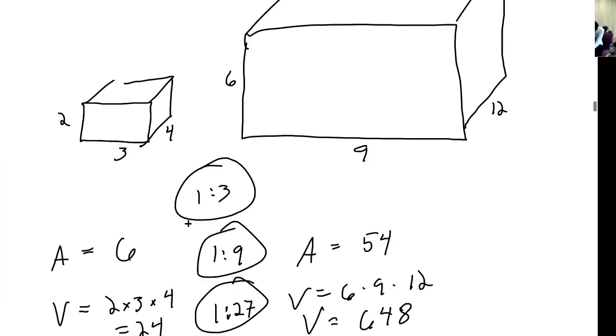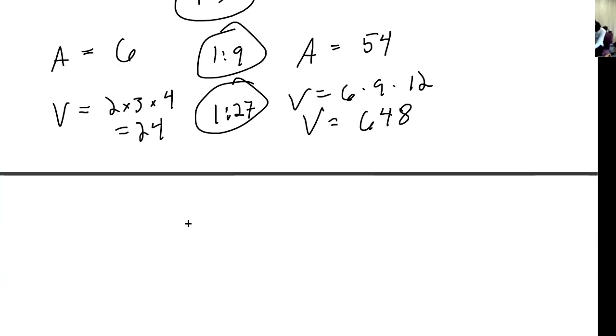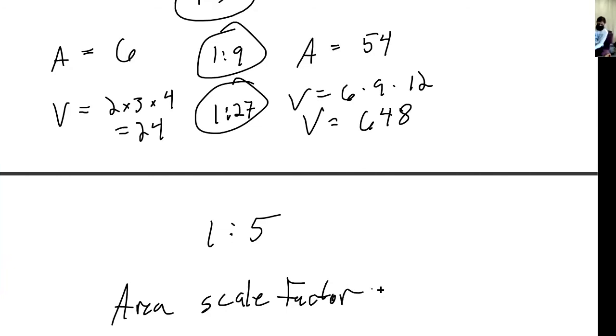So if I had a shape that had a scale factor of 1 to 5, then the area scale factor is going to be 25. That's right. Area scale factor would be 25. And what would the volume scale factor be?